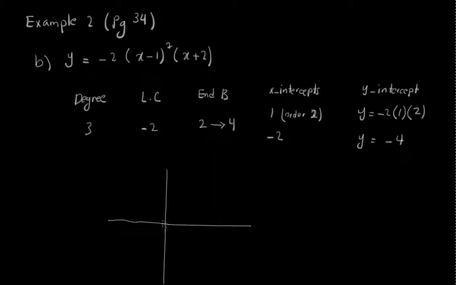So we have an x-intercept at negative 2 here, and the next one is at 1. Gonna start in quadrant 2 and finish up in quadrant 4. So I'm gonna start here, and our y-intercept is negative 4.